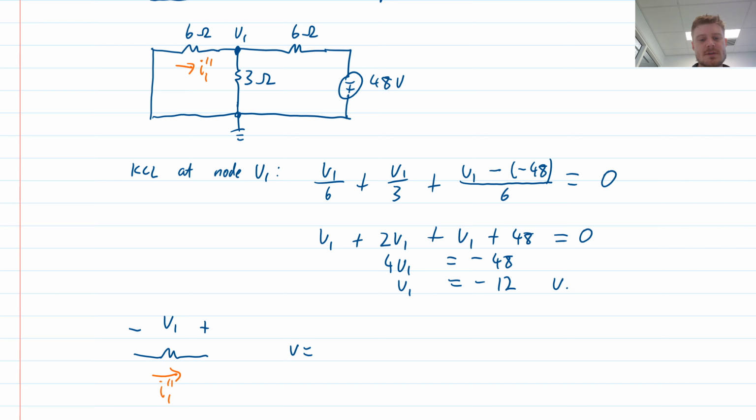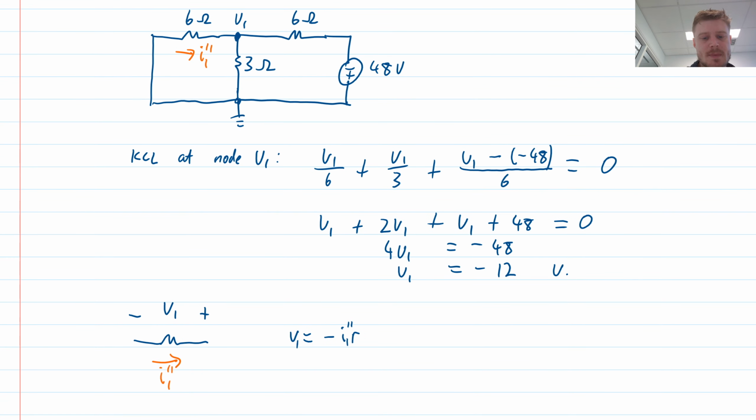So my Ohm's law for this situation is negative IR, because the current flows the other way around. So putting some labels on here, V1 is negative I1 double prime times R. So we can substitute in what we know. V1 is negative 12.